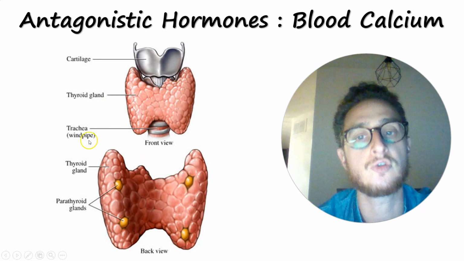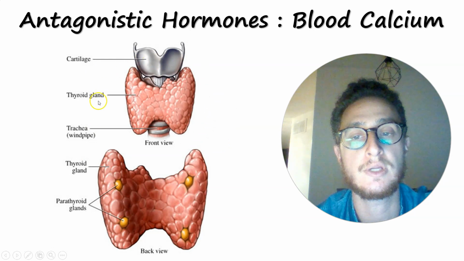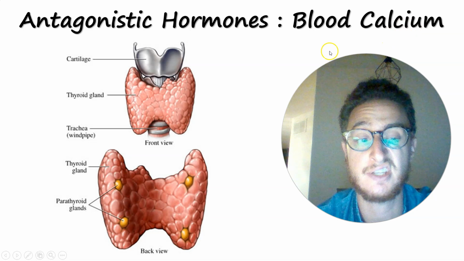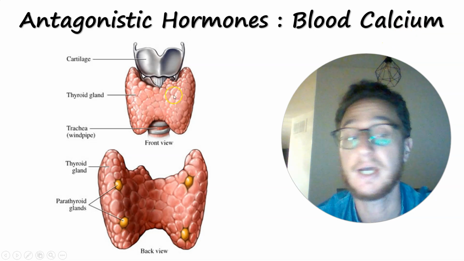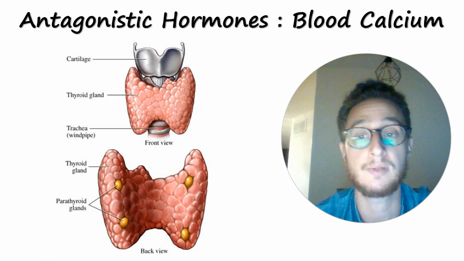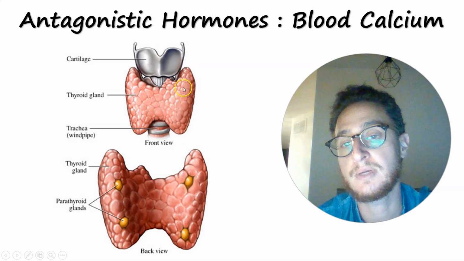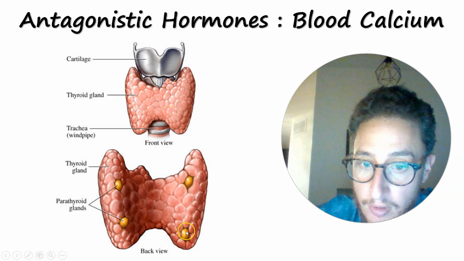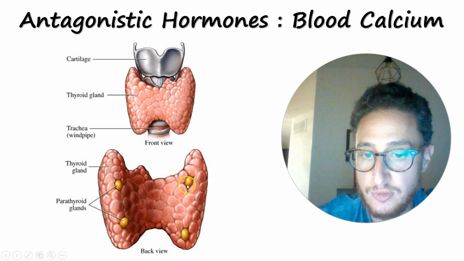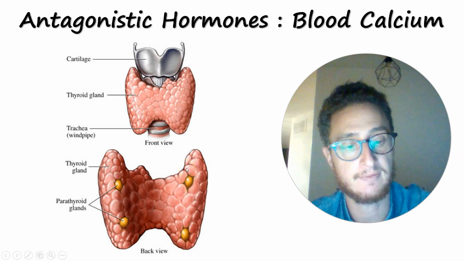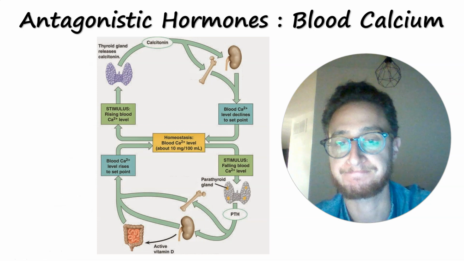Yes, it is controlled by the pituitary gland when it's dealing with metabolic rate, but when it's dealing with your blood calcium levels, it does it completely independently of the pituitary gland, in the same way that the pancreas is able to regulate blood sugar. And that's because embedded in the back of this thyroid gland are 4 little parathyroid glands, which produce an antagonistic hormone to calcitonin. So let's have a look at how these two work together.